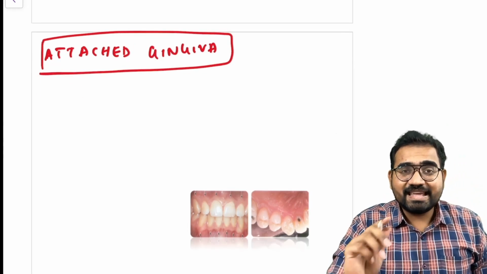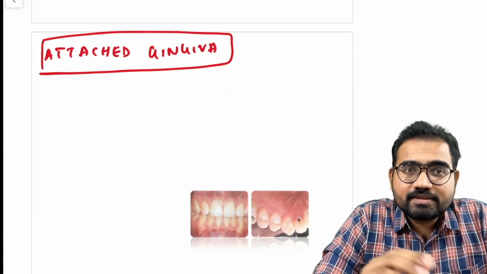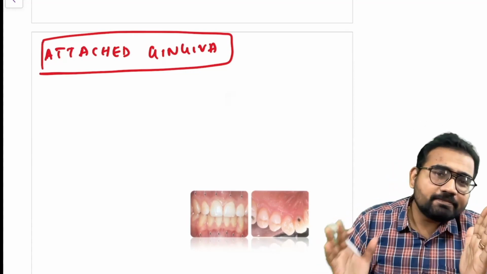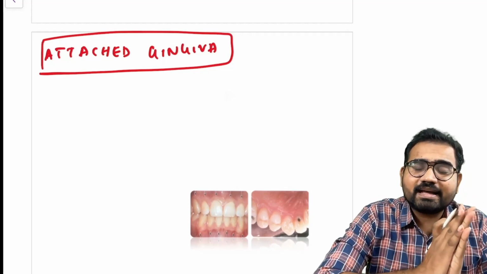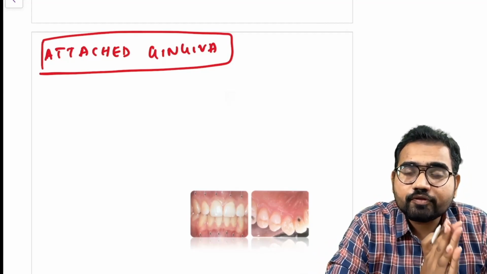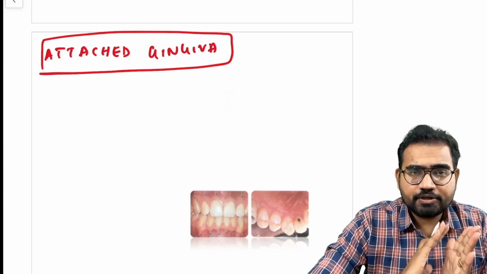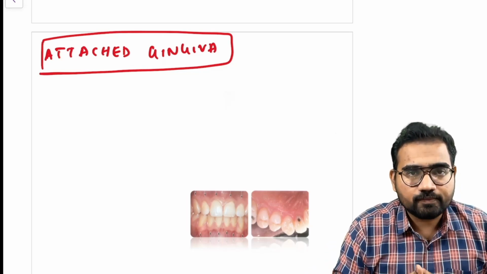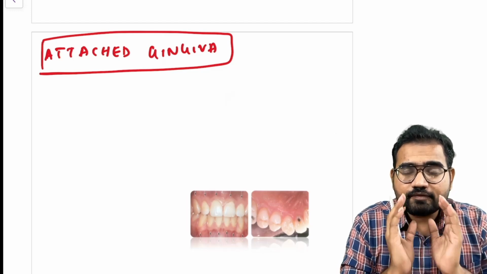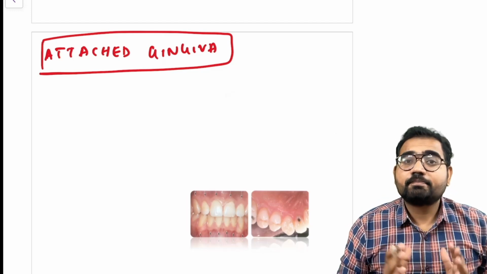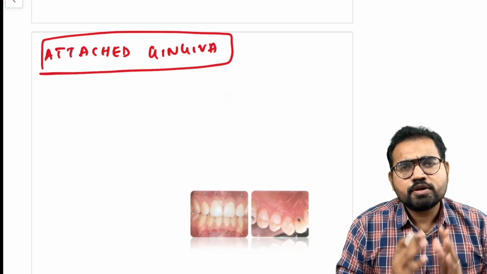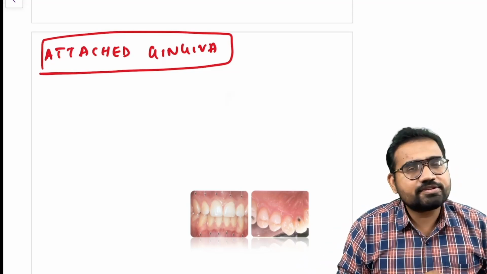As the name implies, this part of gingiva is completely firmly attached to the periosteum of the alveolar bone. Periosteum is the outer covering of the alveolar bone. So the attached gingiva is firmly attached to the periosteum of the alveolar bone. What is the significance? Why should a gingiva be attached?